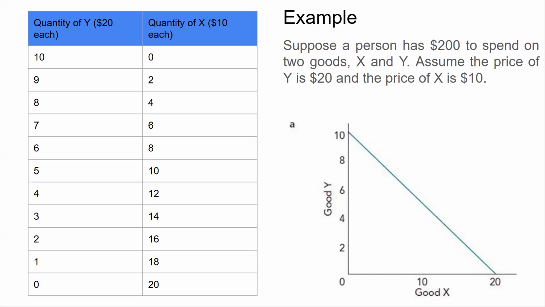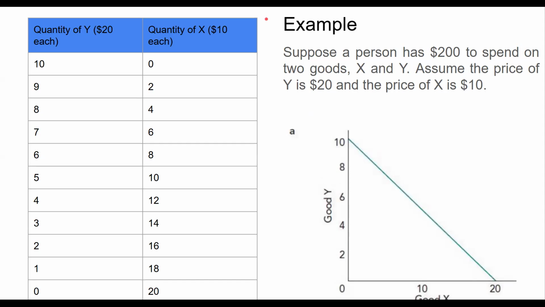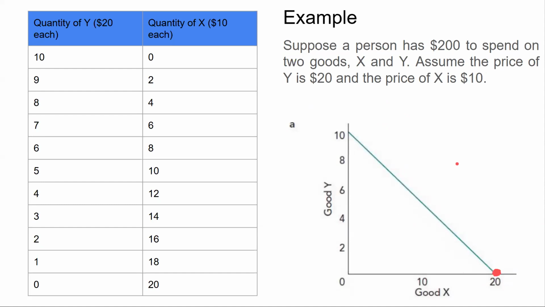Now, we have this situation. Suppose a person has $200 to spend on two goods, X and Y. Assuming the price of Y is $20 and the price of X is $10. If a person will be consuming only goods X, then it will be $200 divided by $10.